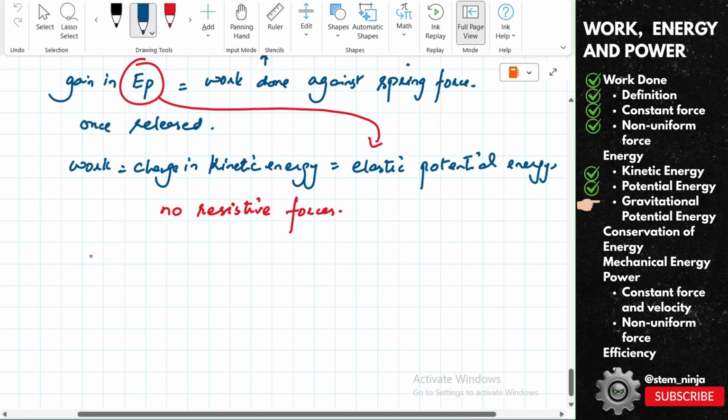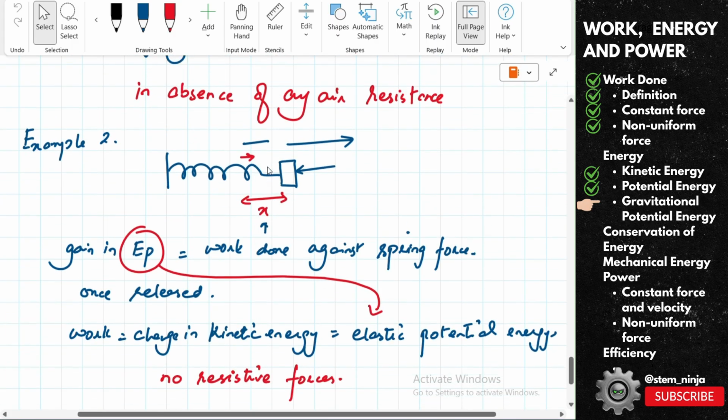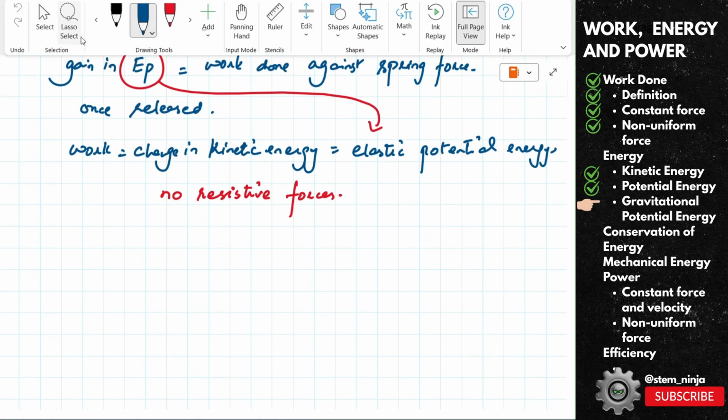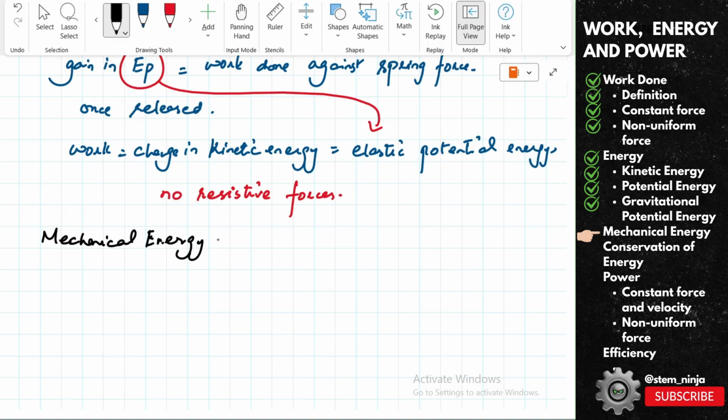Now, as we said, these were ideal cases based on conservation of energy, where the mechanical energy, which is the sum of, so let's first write that, mechanical energy, it is the sum of an object's potential and kinetic energy.